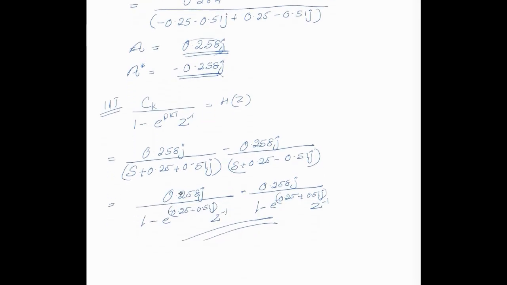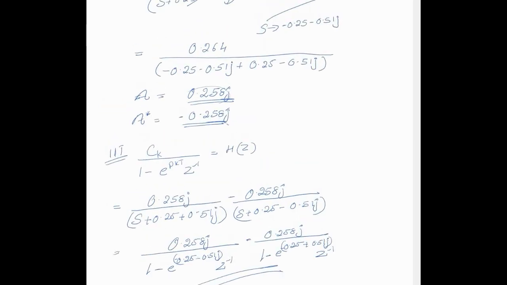So you will get minus 0.25 minus 0.51j, and e raised to minus 0.25 plus 0.51j. So now you can find the digital IIT. You can transform the signal to a digital using the IIT technique.